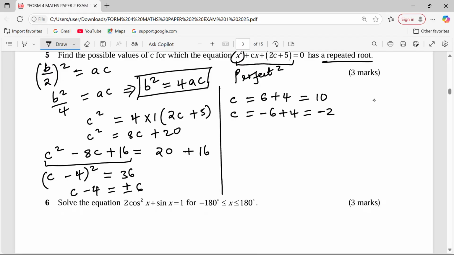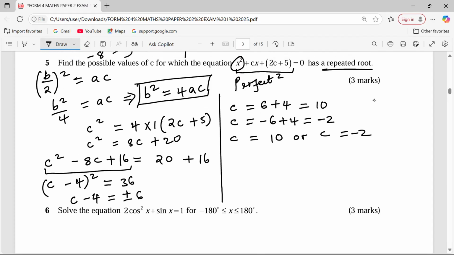So the possible values of c are either 10 or negative 2. It's a negative 2, sorry. So we have the two possible values of c.